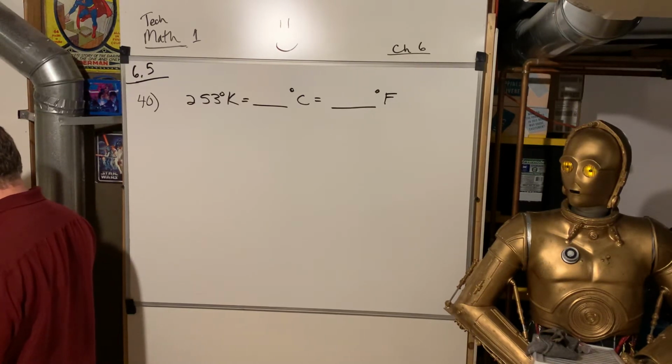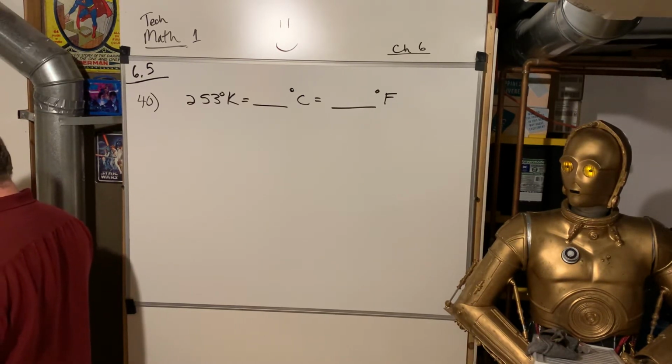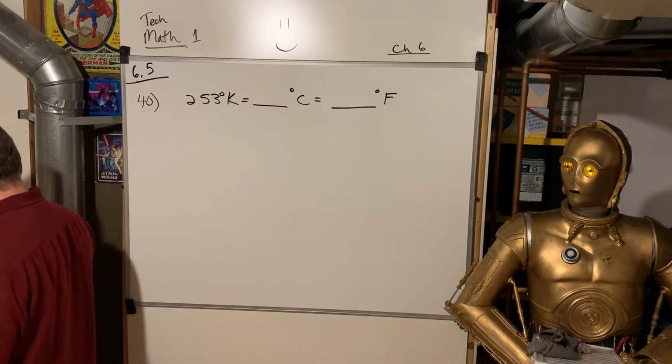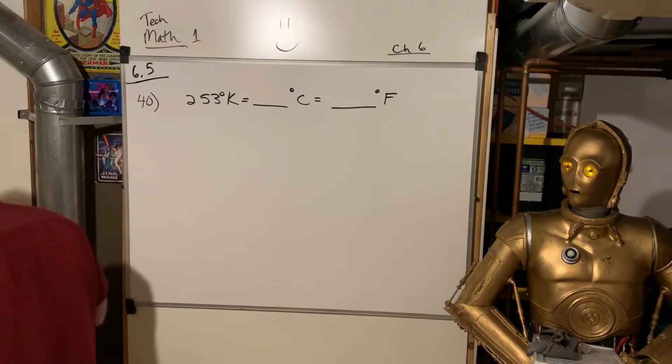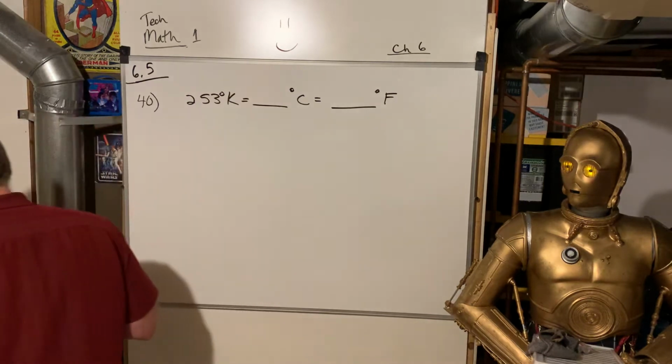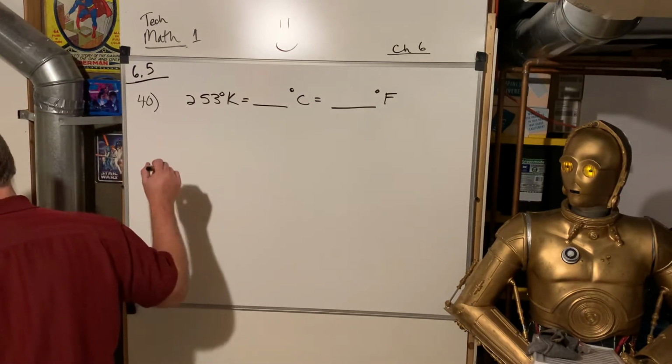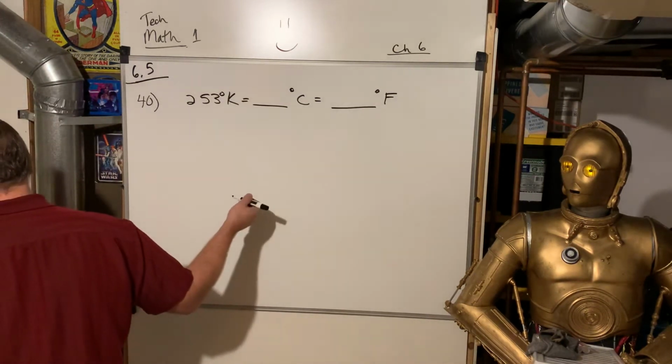So Kelvin is just converting degrees. Kelvin uses the same scale as Celsius. So it's just whatever Kelvin is minus 273 degrees.